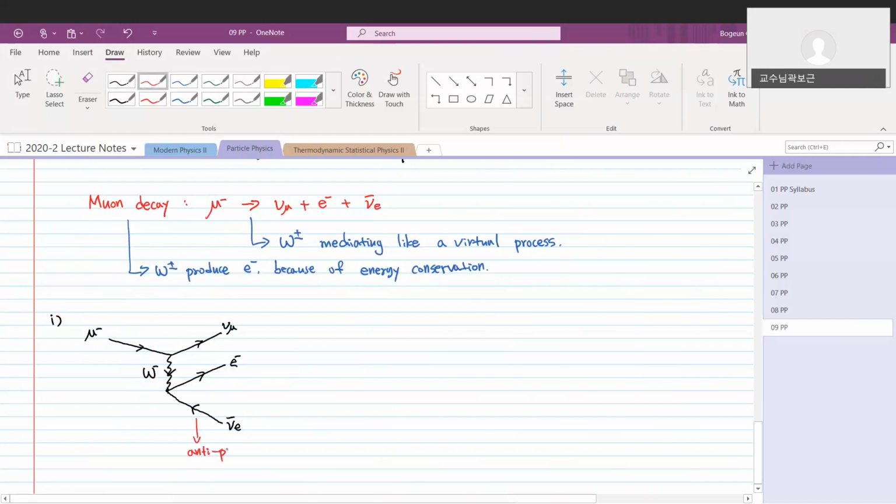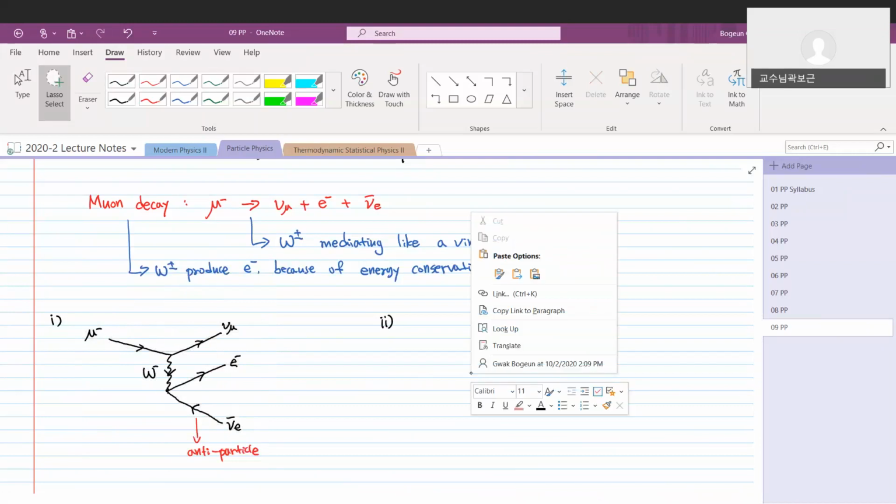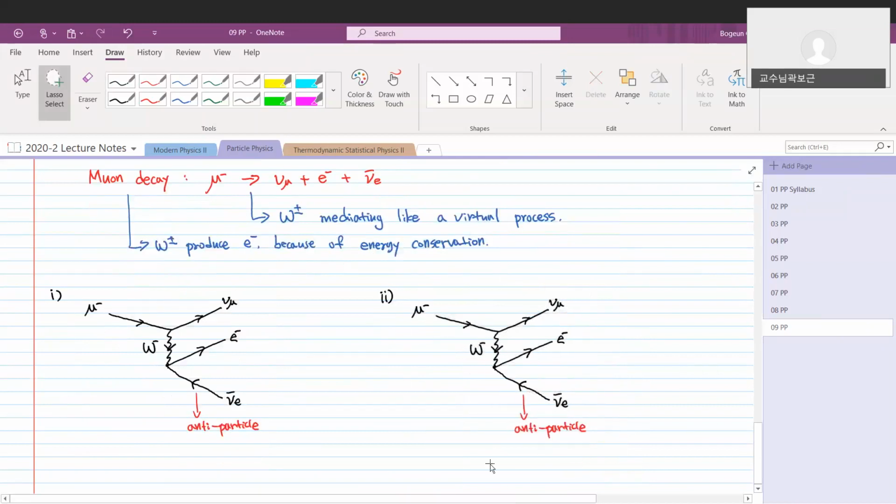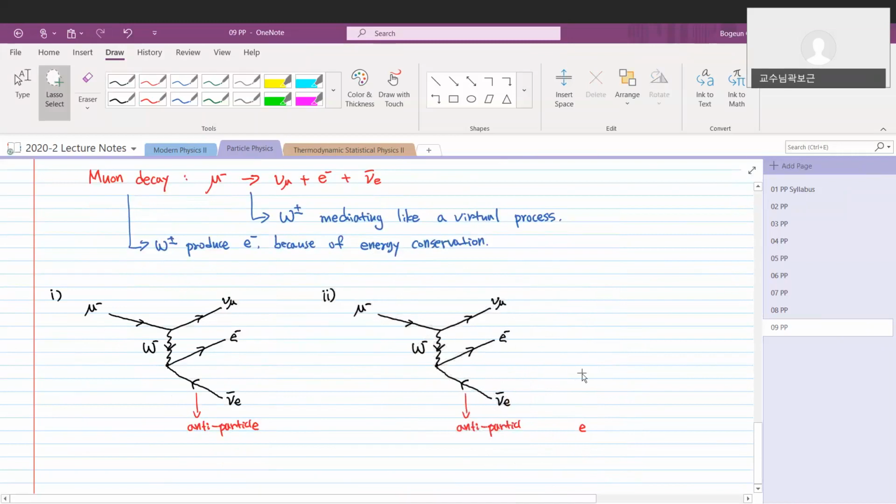And also the second reaction is very similar, but this is interacting by the W plus boson.